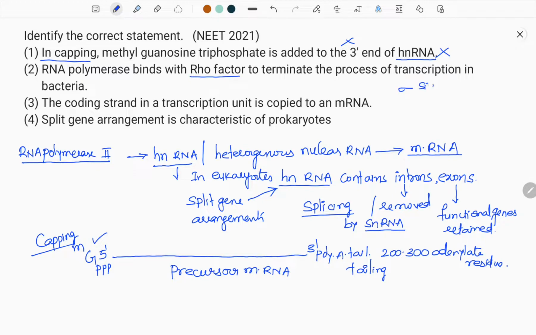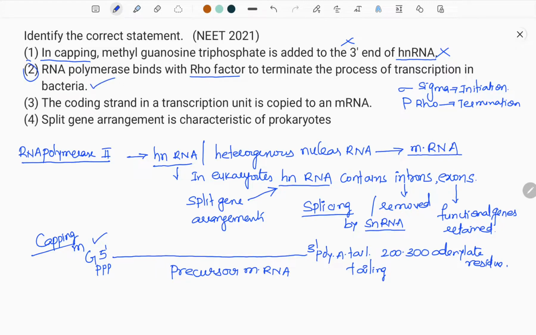Sigma factor is meant for initiation, and Rho factor is meant for termination. He is saying that RNA polymerase binds with Rho factor to terminate the process of transcription in bacteria. So this is very much correct. It is the answer here.